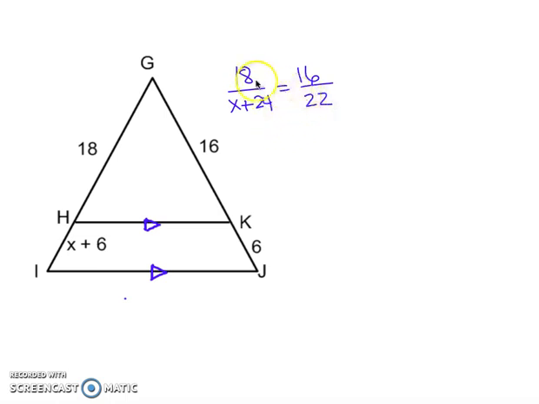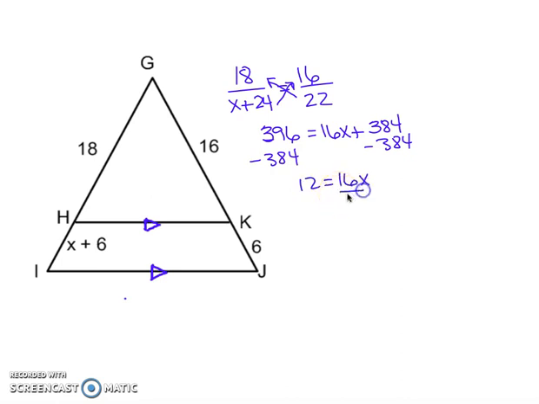And when we cross multiply, we would get 396, and that would be equal to 16x plus 384. And then we would just subtract our 384 from both sides, which would leave us with 12 equals 16x.